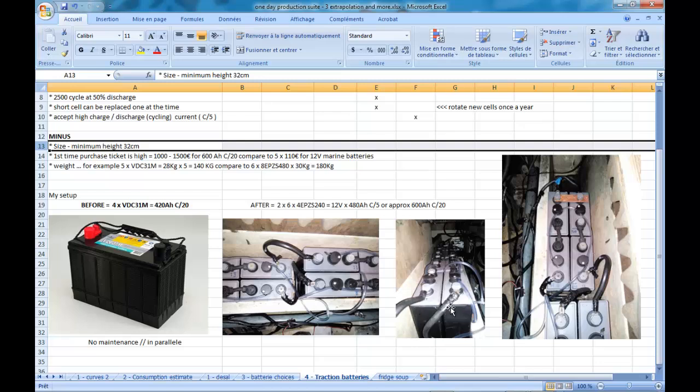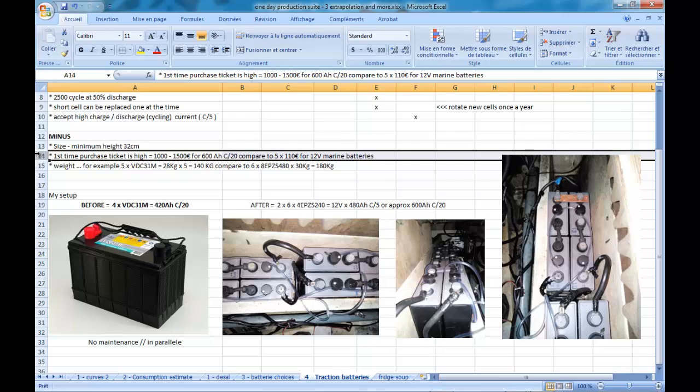But this size here, about 32-33 centimeters, is going up to 500 or 600 ampere hours, which is already not bad. So in your boat, if you want to fit them, you're going to have to maybe look for some other spot if you really want a traction battery.